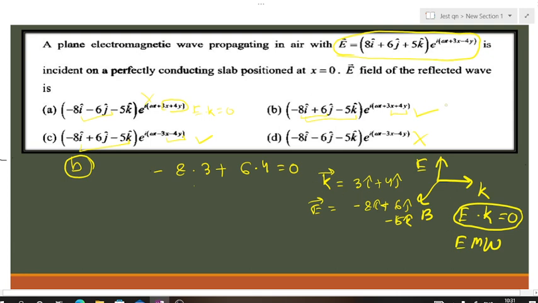The dot product is equal to 0. This is the normal incident electric field.